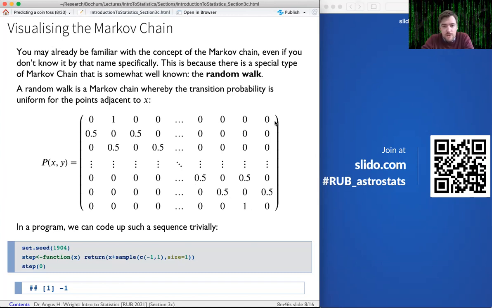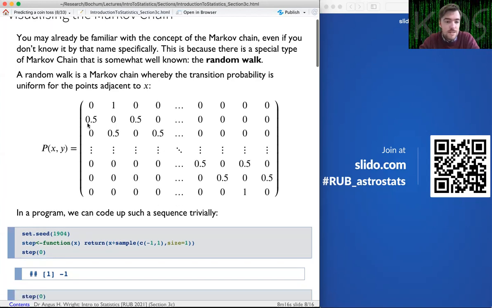I've put a boundary here: if you're at X0 or at X1, that forces you to step back towards the center. But in practice, we frequently create a state space that is defined in terms of differences from the current step, which means that these limiting cases never actually happen, because to be there you would have to be at X equal to infinity or minus infinity. We'll see what that means in a second.